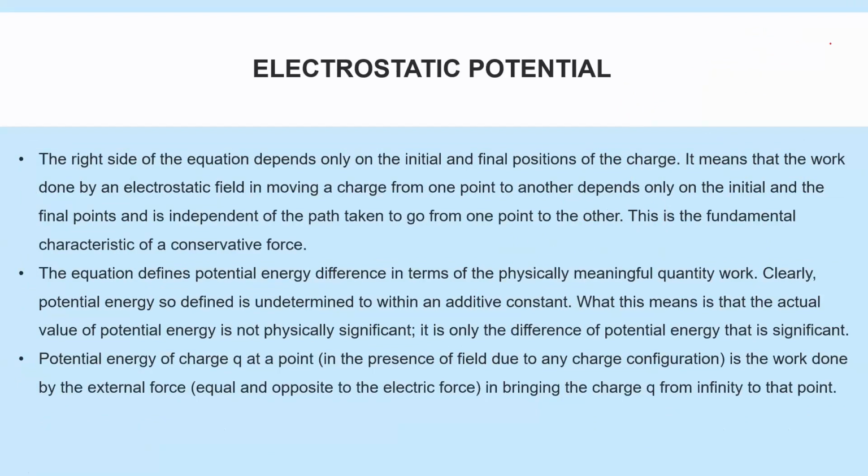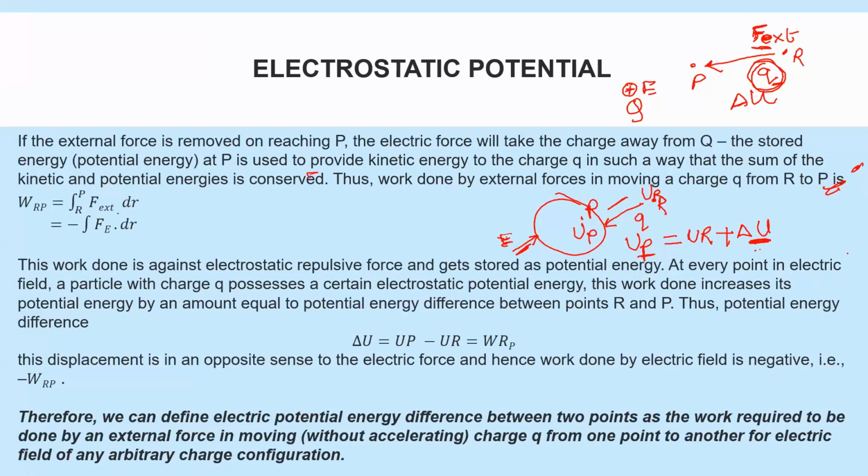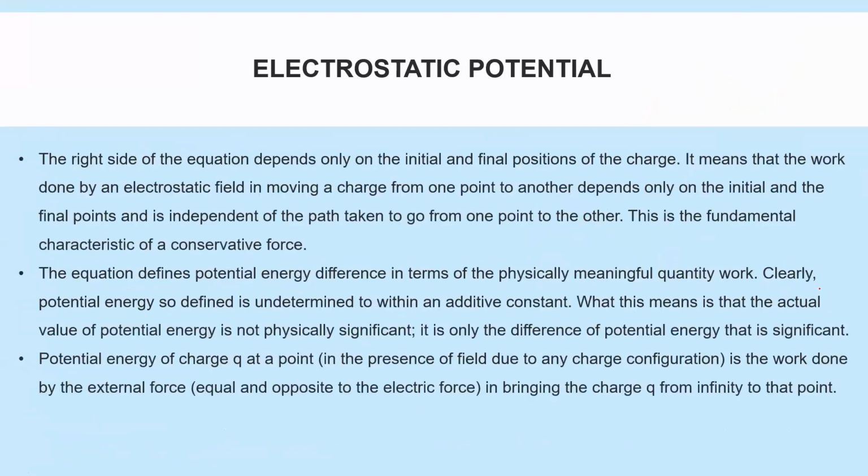Some important points that we have to remember with respect to the equation. The equation that we are talking about is U_P minus U_R is equal to work. I'll just write the equation here again: U_P minus U_R equals W_RP.